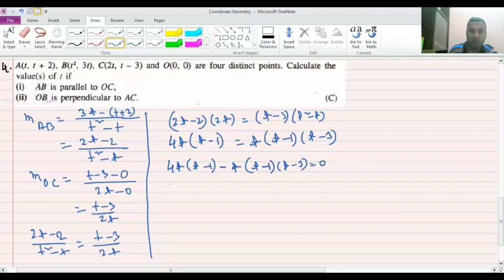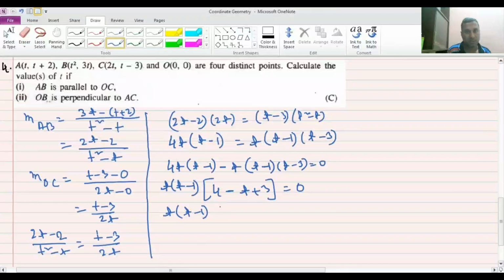Let me take all these things as common: t(t − 1) is common, and we get (4 − t + 3) = 0, so (7 − t) = 0. So t = 0, or t = 1, or t = 7.